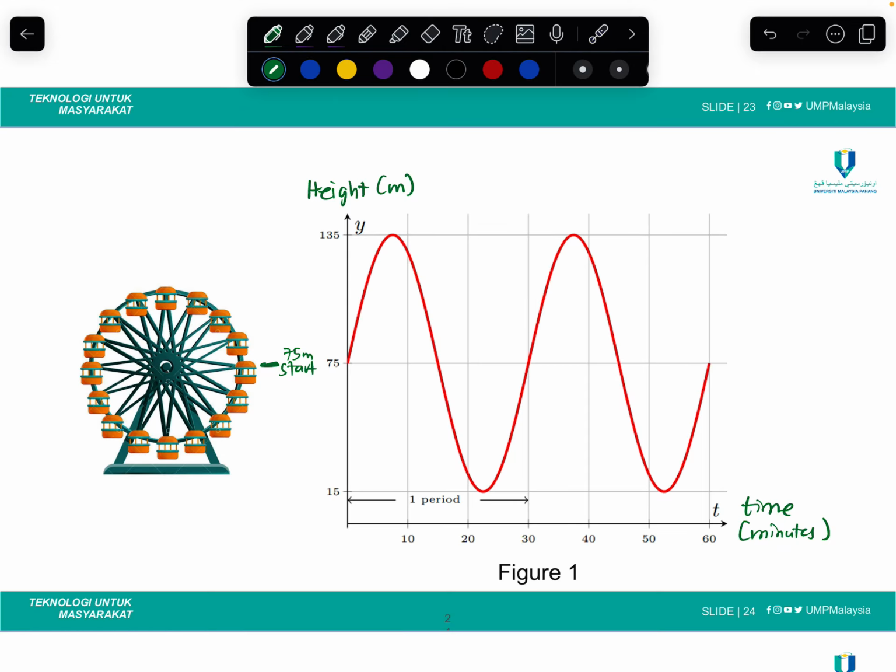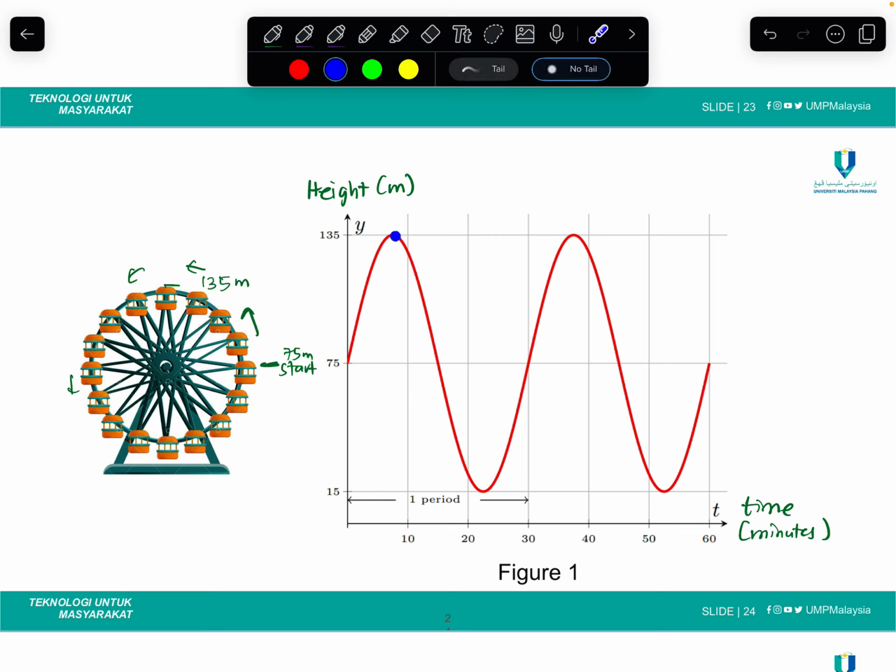The Ferris wheel will move like this. As Miss Laila goes up, the curve also goes up until it reaches 135 meters. So here we know that the height is 135 meters.